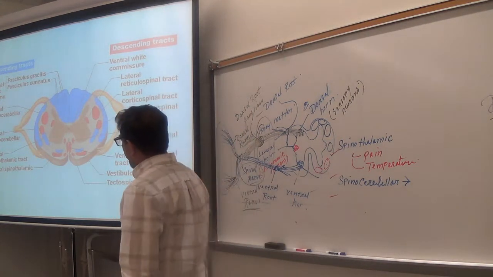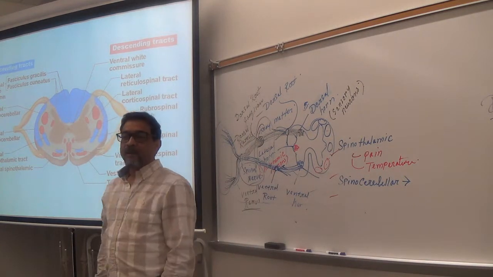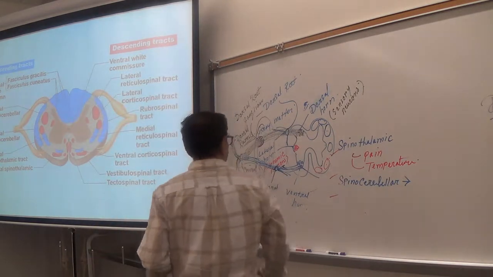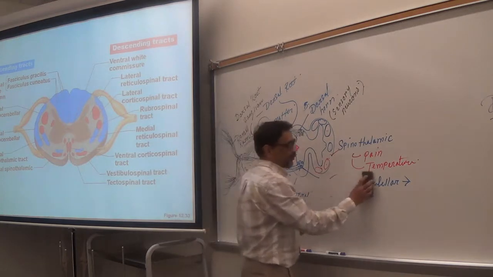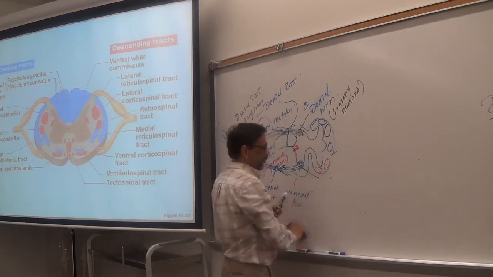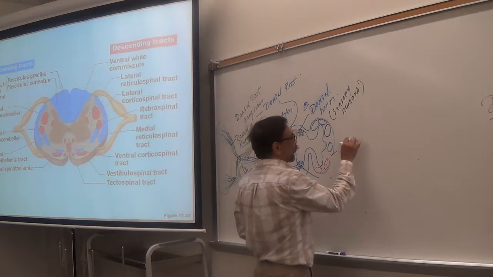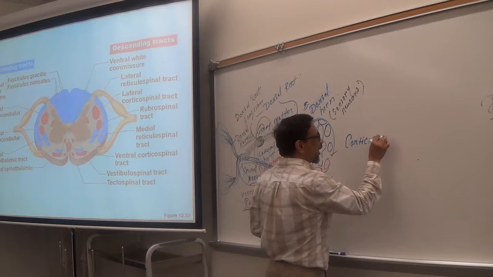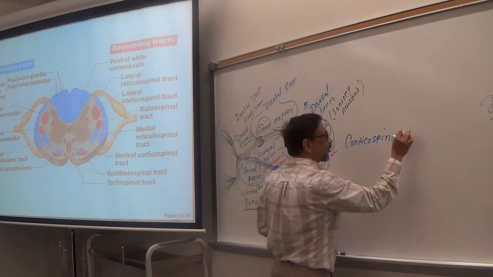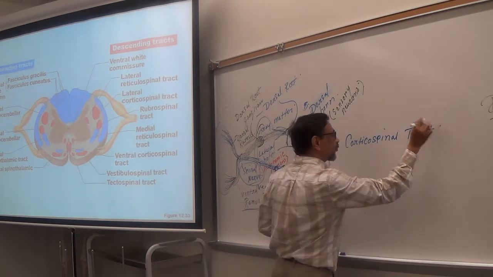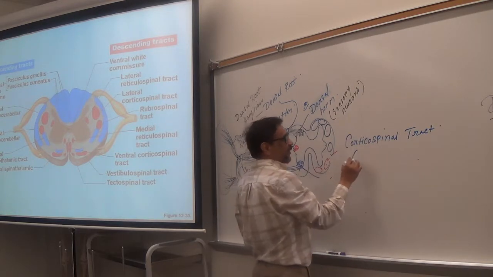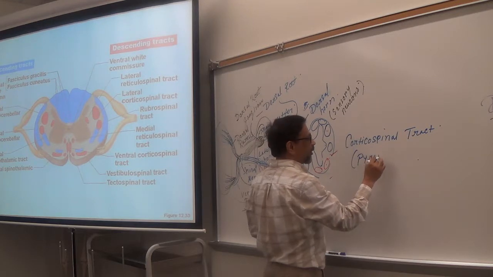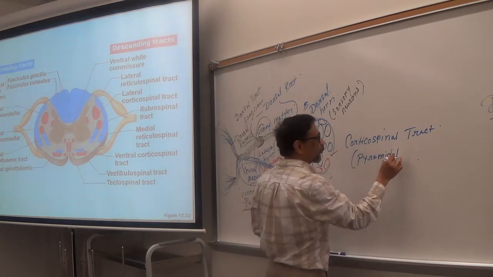Now, descending or motor tracts. The most powerful and important motor tract is called the corticospinal tract. It has another name that is called pyramidal tract.